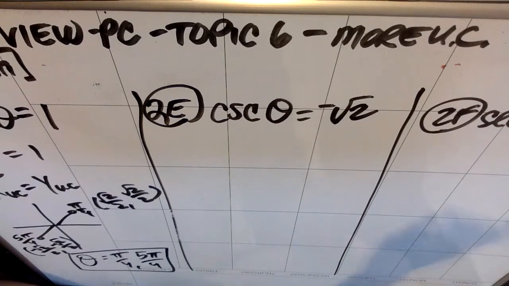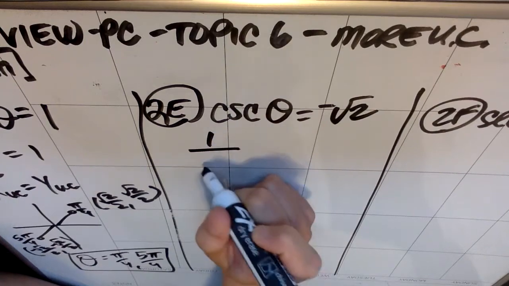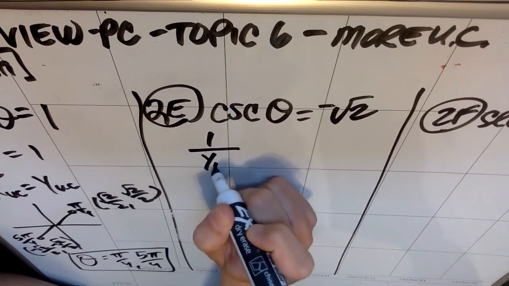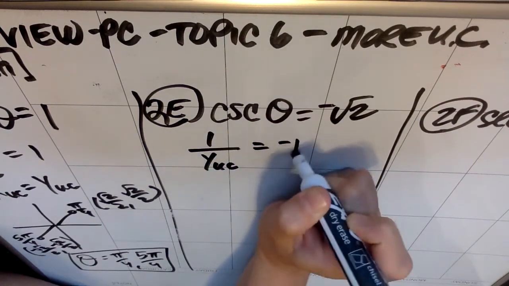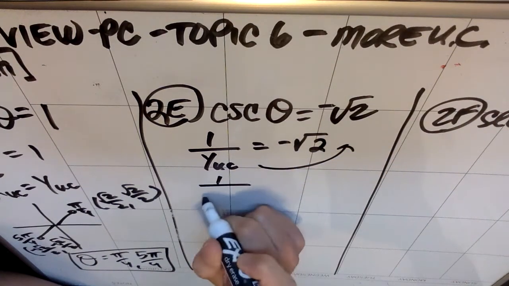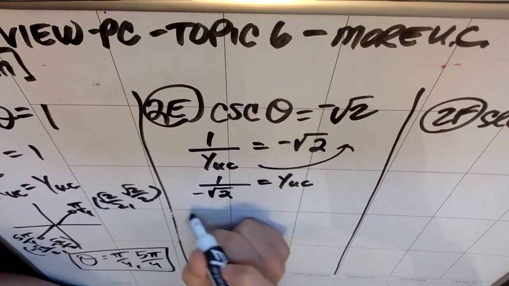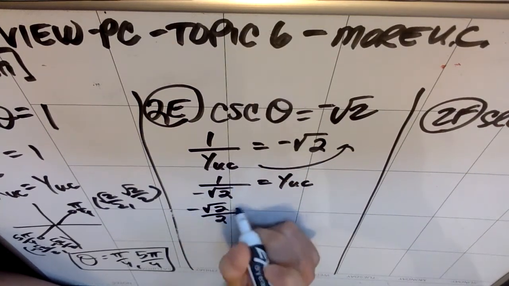All right, 2e. Cosecant of theta is negative root 2. There's a couple different ways to think about this. Probably the easiest way is to realize that cosecant is 1 over the y value on the unit circle, right? If you clean this up by multiplying the y over and dividing, you get a 1 over a negative root 2 equals your y on the unit circle. If you rationalize this, you get negative root 2 over 2.